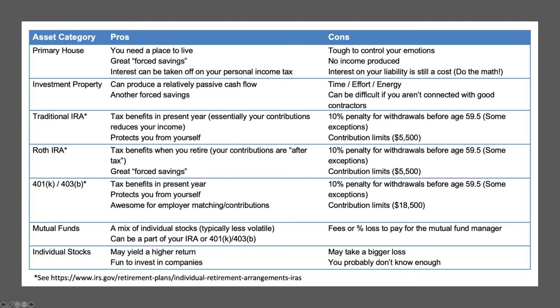That reduces the risk of, say, one company going under. When you invest in individual stocks, so when you purchase one company, as it goes up or down, you're going to be exposed to all the good and bad of that company. That's how it can yield higher returns.